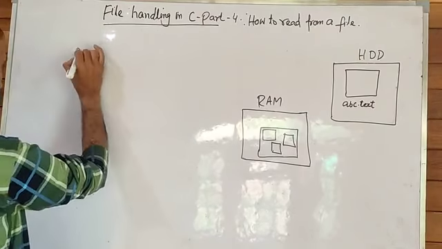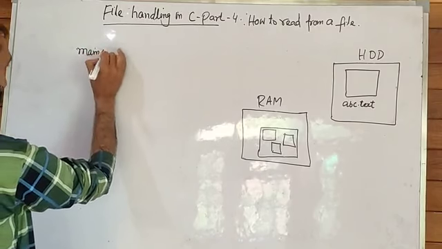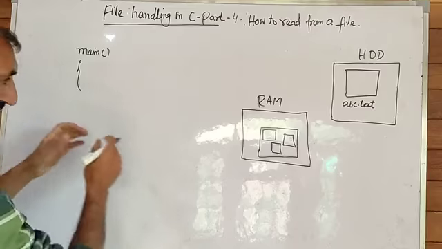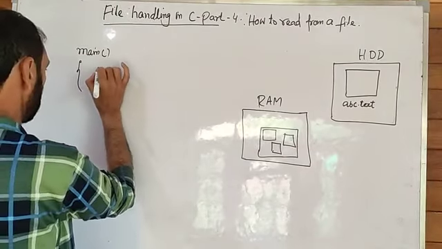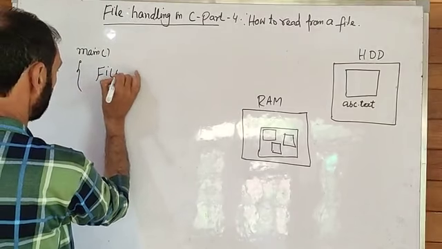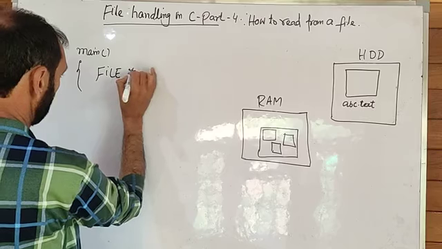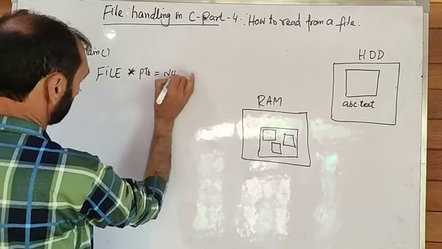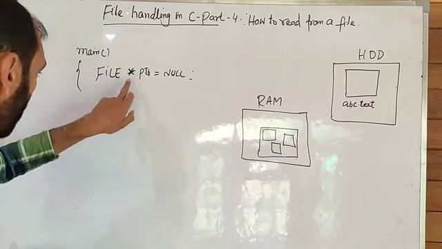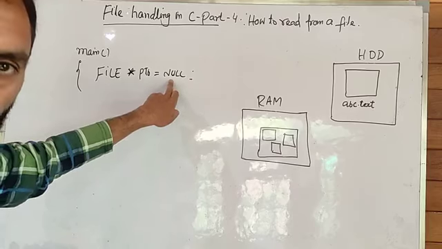I will write main. First, we have to create a file pointer: FILE *ptr = NULL. Initially, I have initialized this file pointer with NULL.